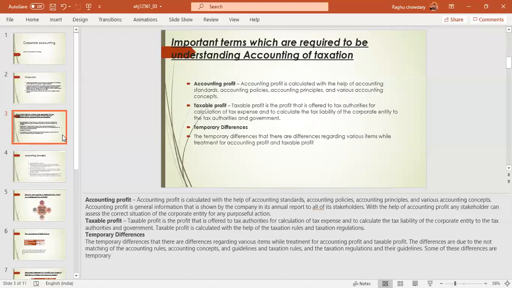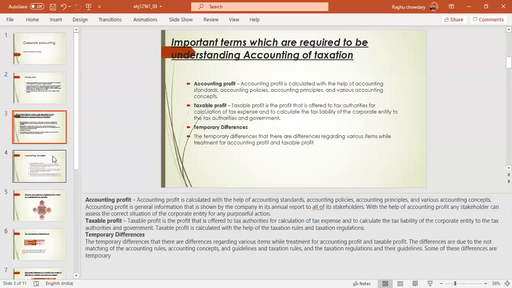These differences do not match, as the accounting policies and concepts may not match the taxation rules and regulations, due to which these differences can be temporary.